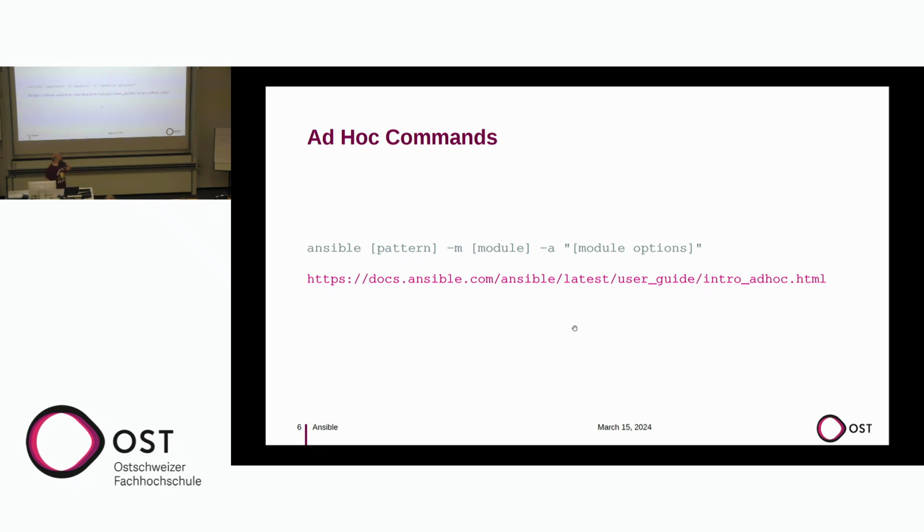At the pattern, you would say what kind of host. You can type all, which is the default group, you can type a group, or you can type a host name like R1. I don't really use ad hoc commands much. Normally I use them in demos to show how Ansible works, but in production I don't, because normally I don't use just one command. I need at least two commands to verify or to do something with the output.